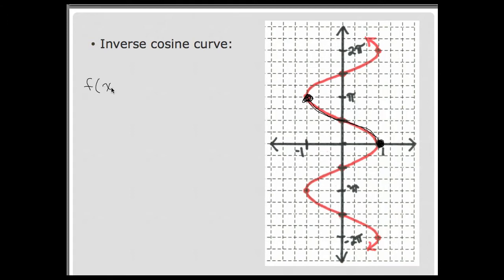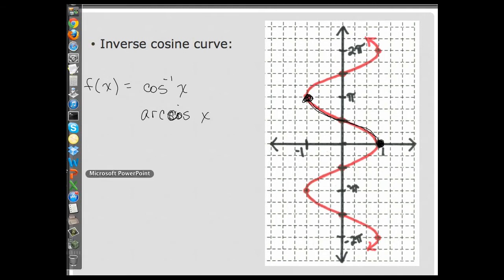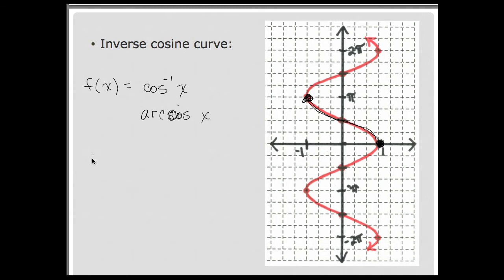So let's get from this the notation that we're going to see, all right? The way in which we represent this function, as your calculator does it, is cosine inverse, or inverse cosine, that's how we would read that. In terms of the arc function we talked about with the sine curve, it would be arc cosine of x. So notice the domain and range of this. The domain for the x's, once again, is -1 to +1, inclusive.